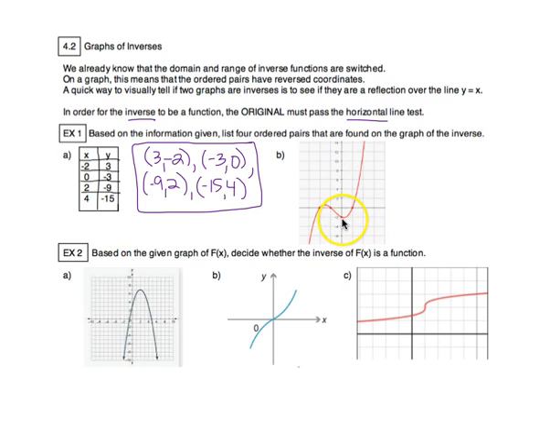So this point down here would be 0, -2, which means that I would need to go to -2, 0. So because I'm counting by 1s, that would be this point, which is already on there. This point over here is 1, 0. So when I switch those, that becomes 0, 1. So that would be right here.